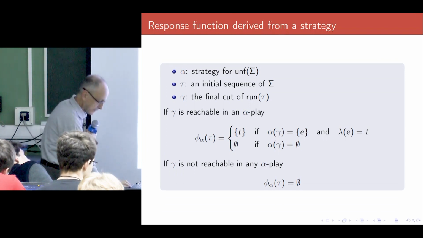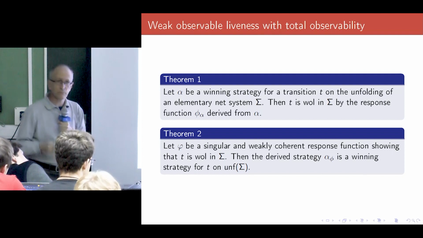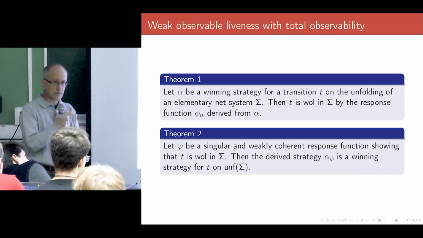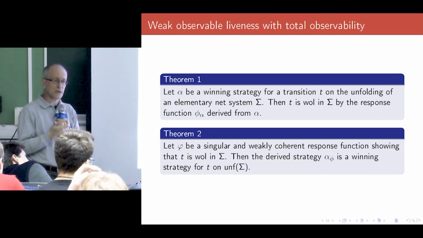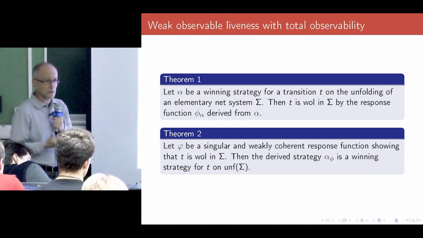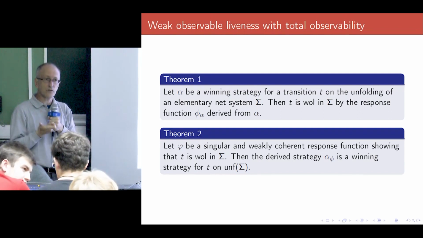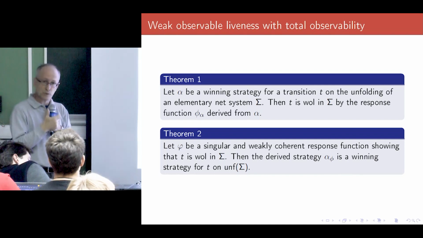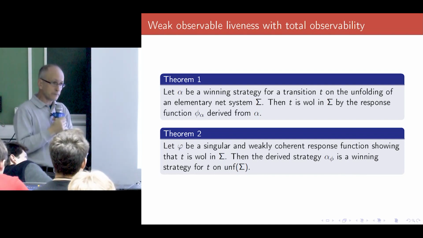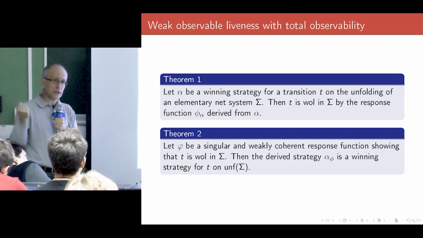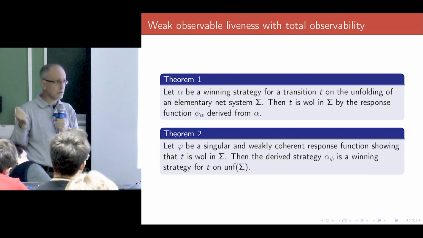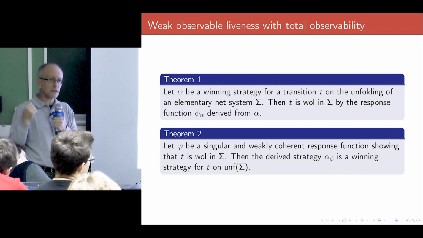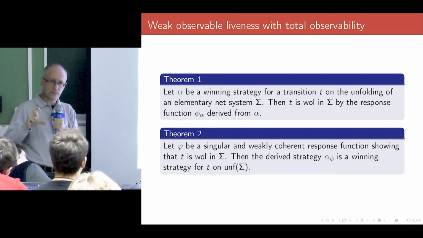And finally, we can show that actually the response function and the strategy are equivalent in the sense that a transition is weakly observably live with respect to a given response function if the corresponding strategy on the unfolding is a winning strategy, and vice versa.